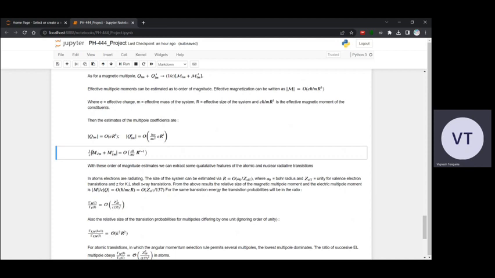And for the magnetic multipole, the contribution from both the parts is almost equal.